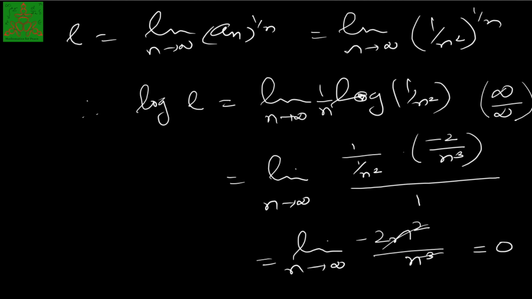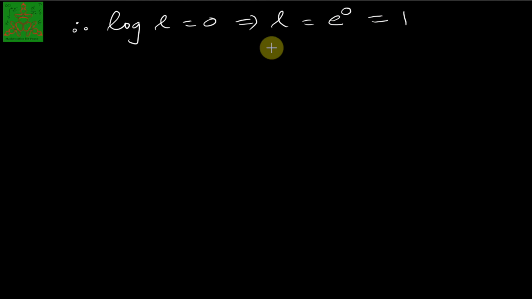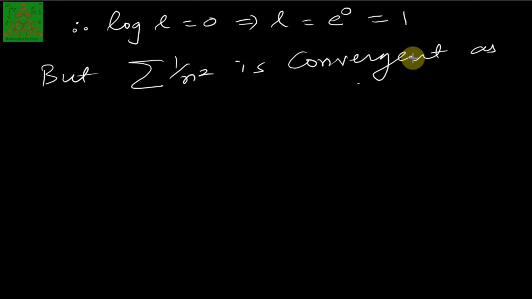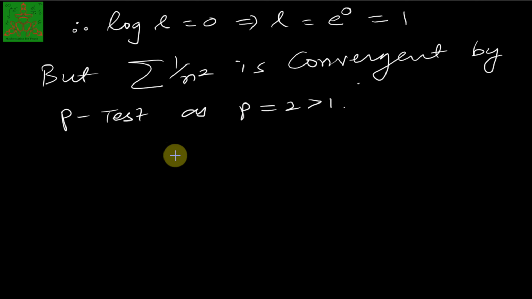So that means log of L is 0, which implies that L is e power 0, so that gives 1. So here also the limit is 1, but the summation of 1 upon n square is convergent by the p test, as the value of p is equal to 2, which is greater than 1.